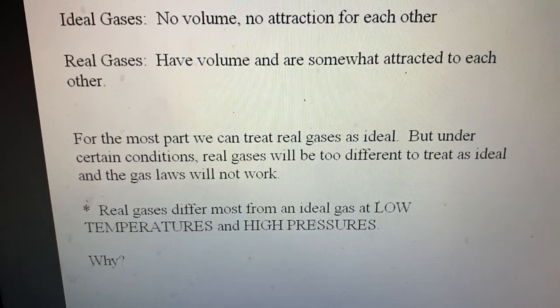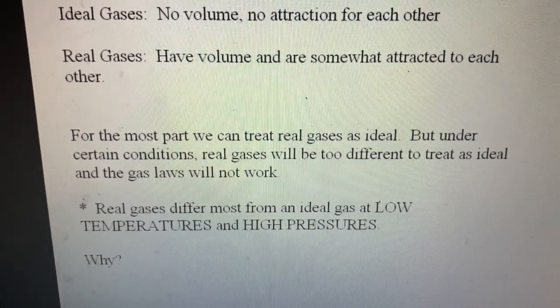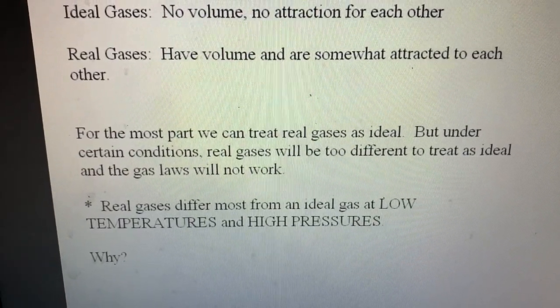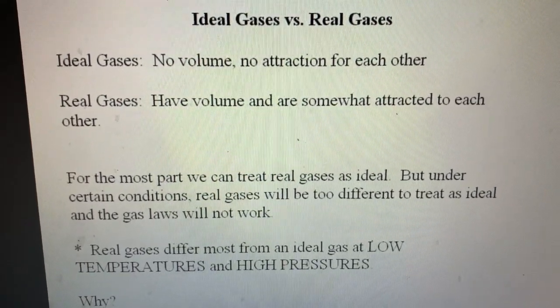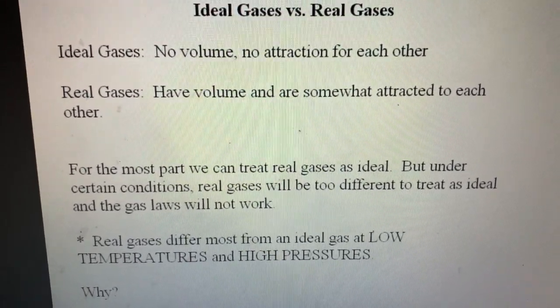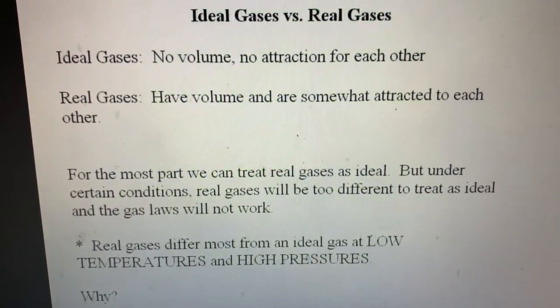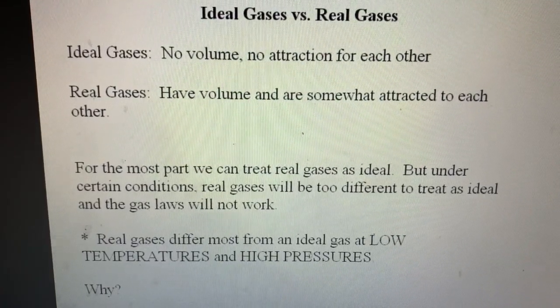Low temperatures means that you're slowing those molecules down. If you're slowing them down, the attractive forces can certainly work more, which is going to end up impacting your calculations a little bit. High pressure, you are forcing those gas molecules closer together, again, increasing the chance of those intermolecular forces becoming a little bit stronger.